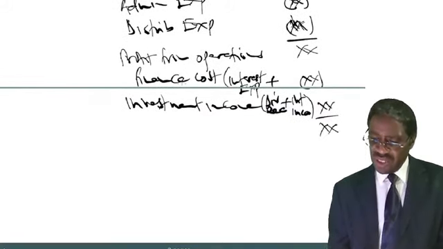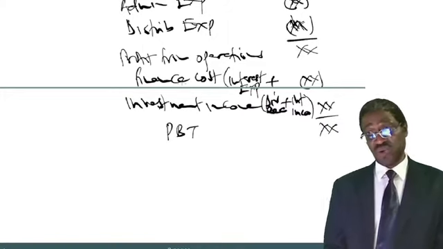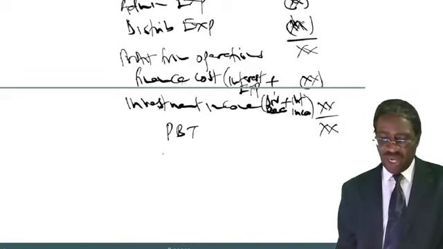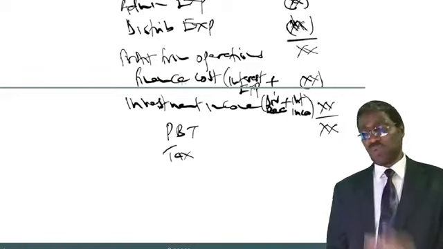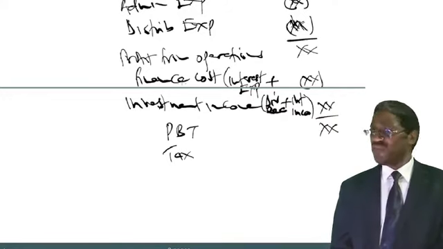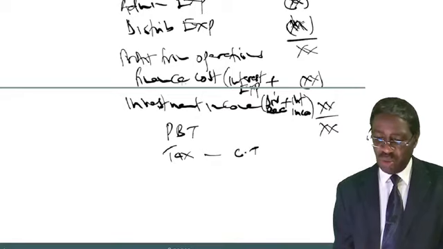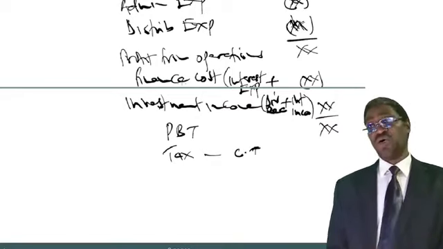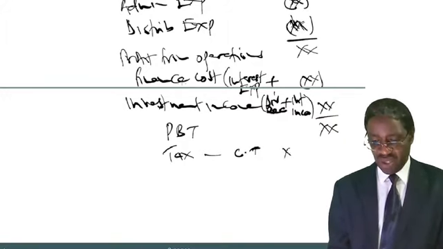Once you do that, you get what we call profit before tax. From there, you come to the next item, which is normally tax. When it comes to tax, we may have different forms of taxes. One is the normal corporation tax, or what you can call current tax, whatever the figure the examiner will give you.